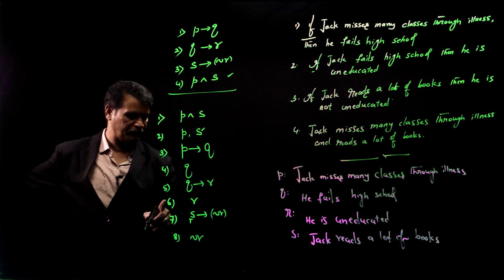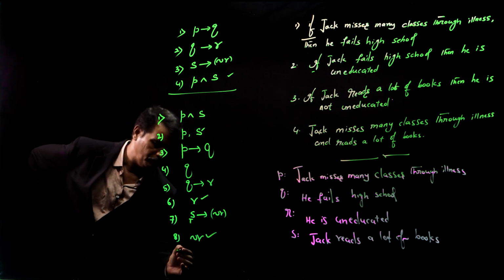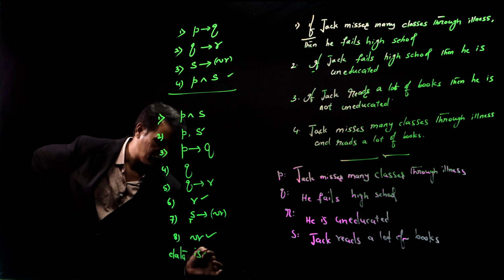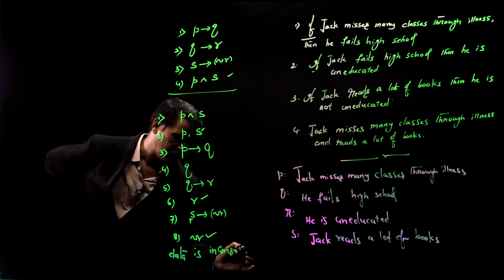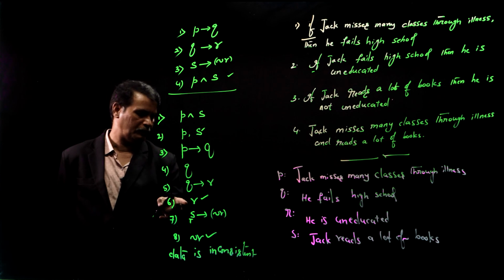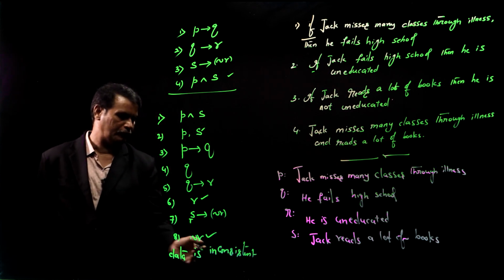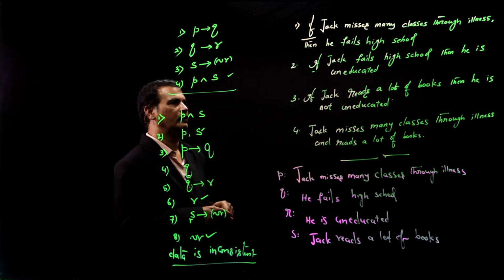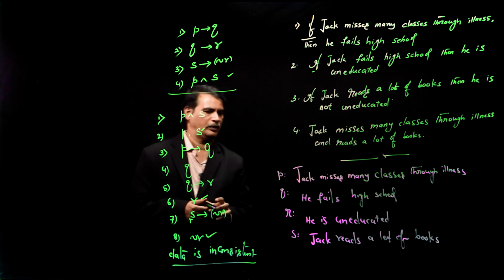What you are getting from steps 6 and 7: R is true, negation R is true, which means the data is inconsistent. How can I say this? A variable and its negation are both available in the proof. We simply say that it is inconsistent. This is the way we solve these theoretical problems.